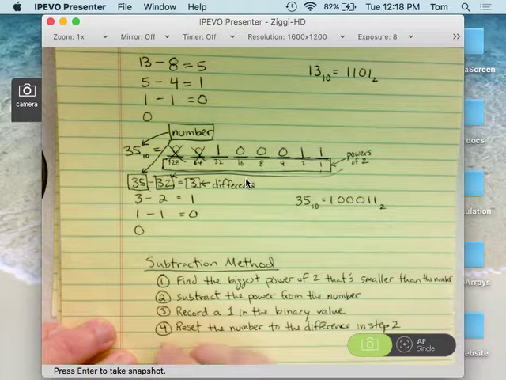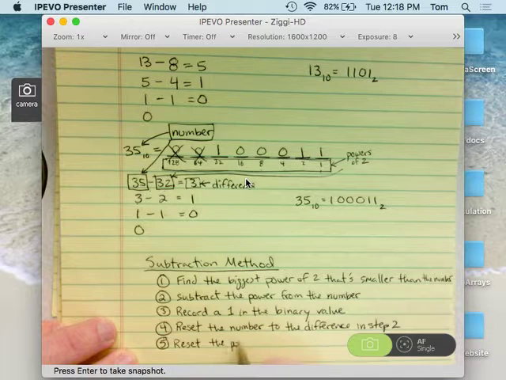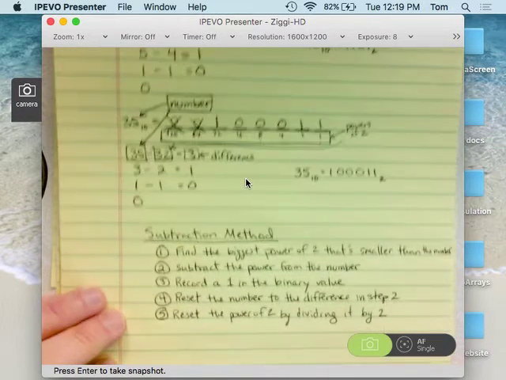So I'm going to go step 5: reset the power of 2 by dividing it by 2. Sorry, that went off the screen there.